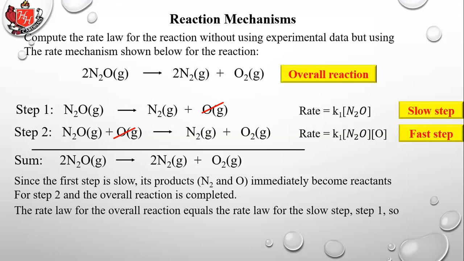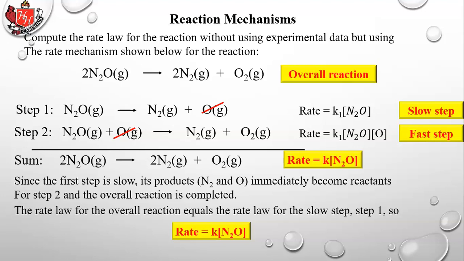The rate law for the overall reaction equals the rate law for the slow step, step 1. So the rate equals K times the concentration of N2O. Now you notice that the exponent on that rate law is a 1, N2O to the first power. That's because the coefficient in front of N2O in step 1 is a 1. It is not the 2 in front of N2O in the overall reaction.